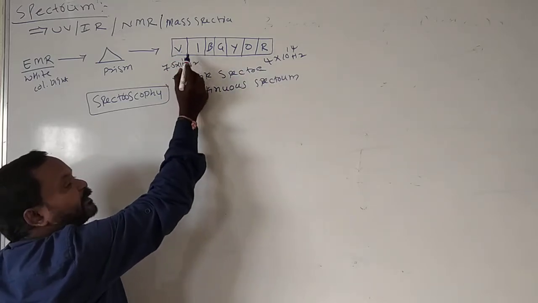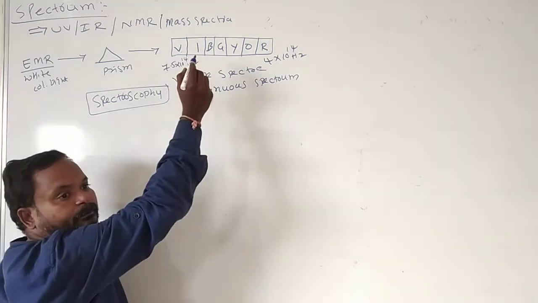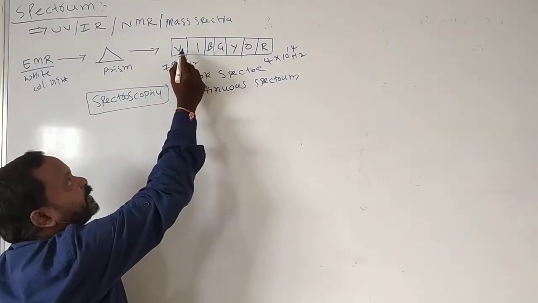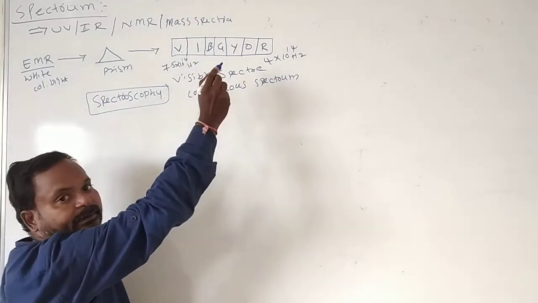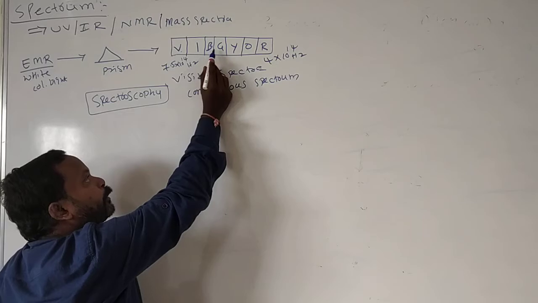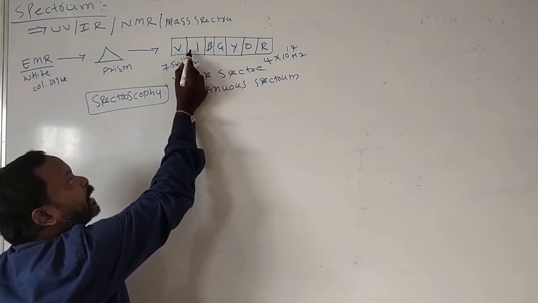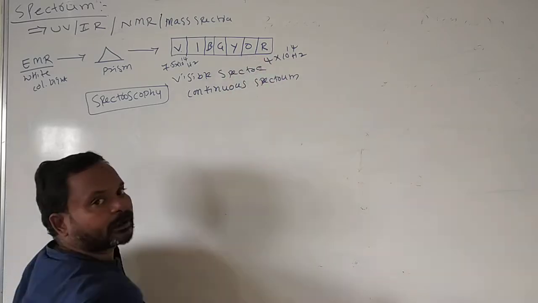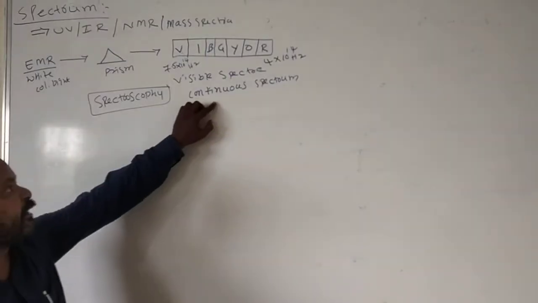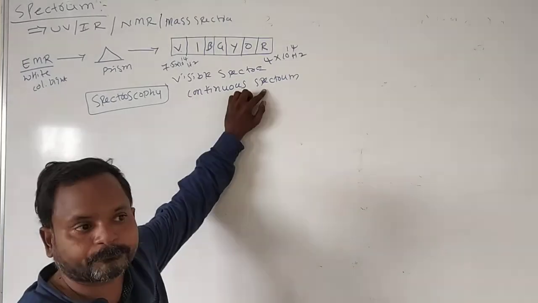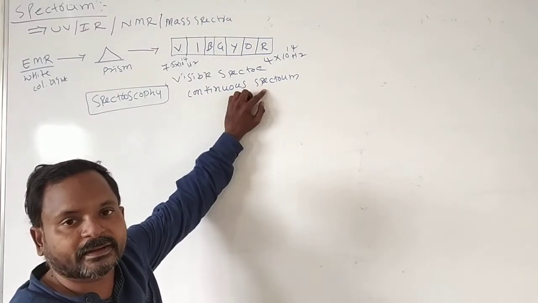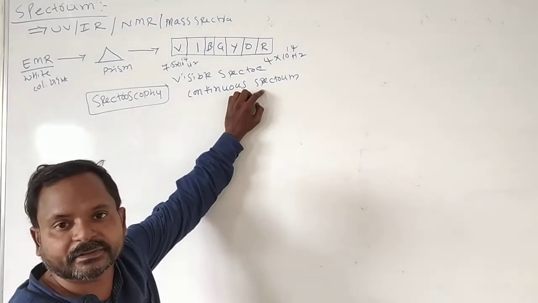Okay, here there is no separate line between violet and indigo, blue and green. But blue overlaps on green, indigo overlaps on blue, violet overlaps on indigo, orange overlaps on red color. That's why we call it a continuous spectrum.